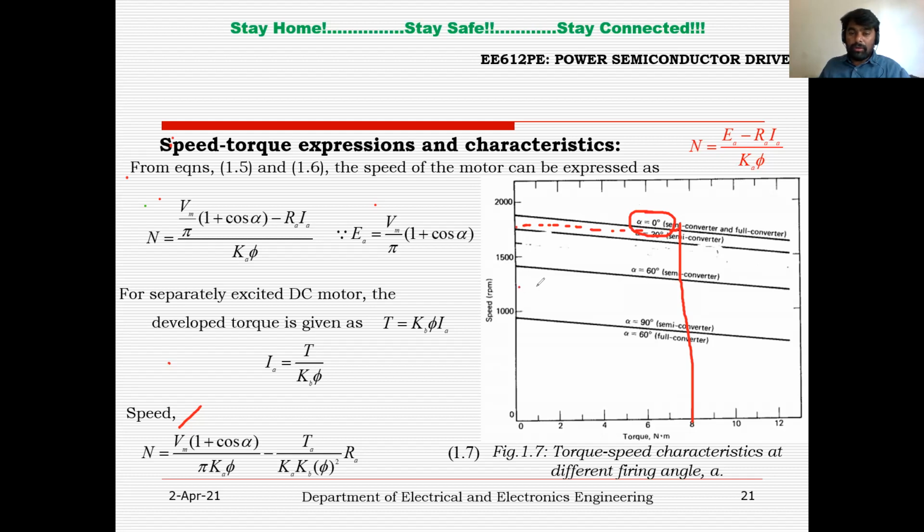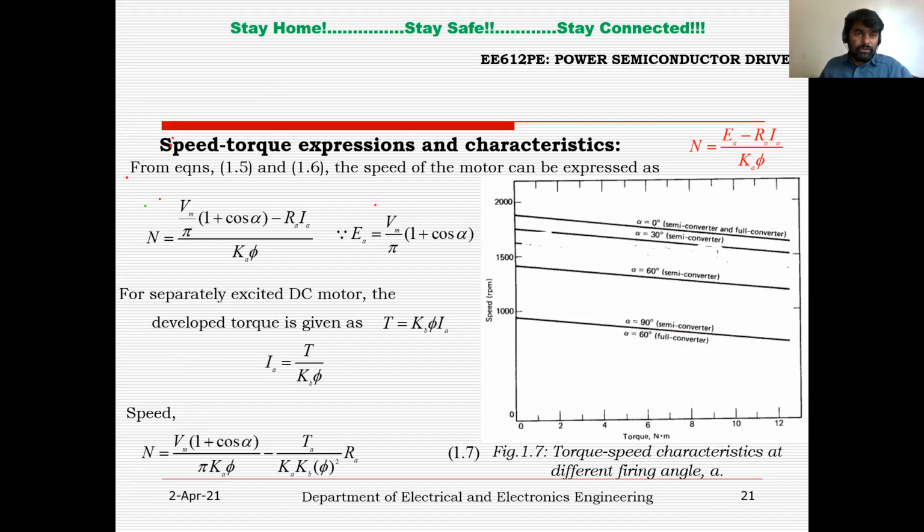Similarly, if I want to operate the motor at alpha equals 60 degrees, then you may get a speed of less than or equal to 1500 RPM. Similarly, for alpha equal to 90 degrees, you may get only half, right? So for a given load, you can achieve any amount of speed by using the semi-converter control devices, right?